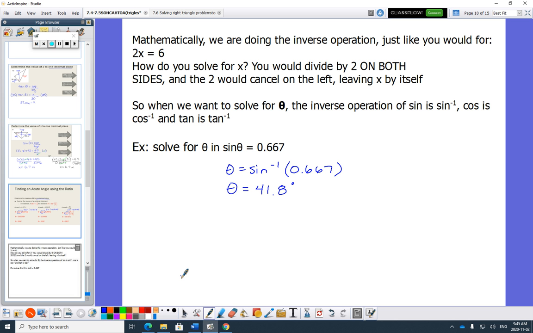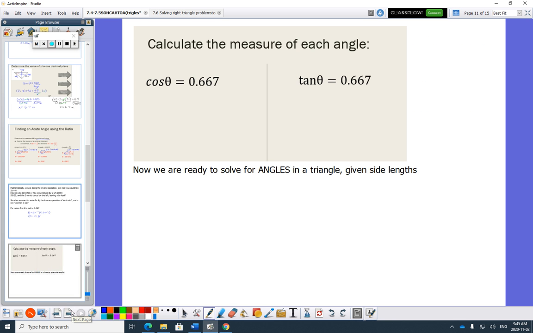Okay, so just to make sure that's reiterated, you have to pick the right ratio.